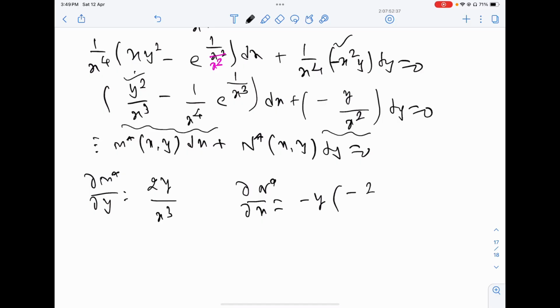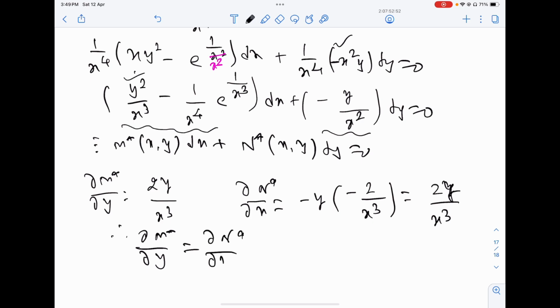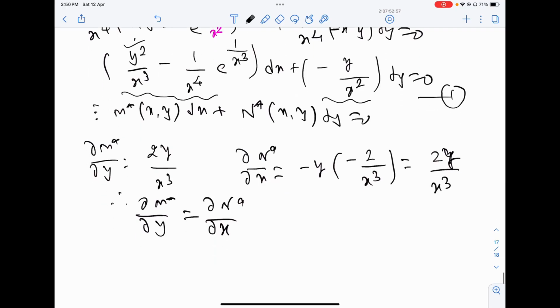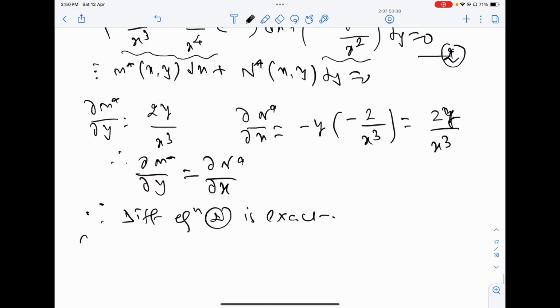The derivative of 1 upon x square is minus 2 by x cube, and so this is 2y by x cube. And so del M star by del y equals del N star by del x, and therefore this differential equation 2 is exact, and so we can now solve.